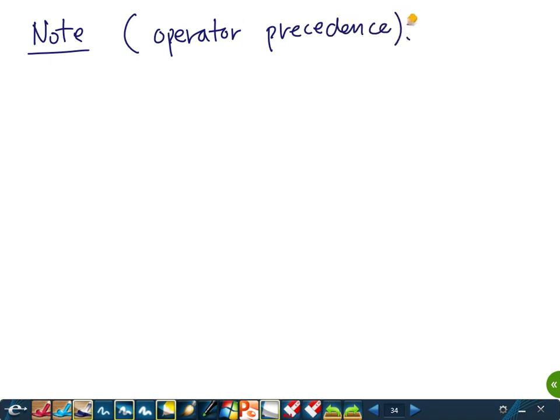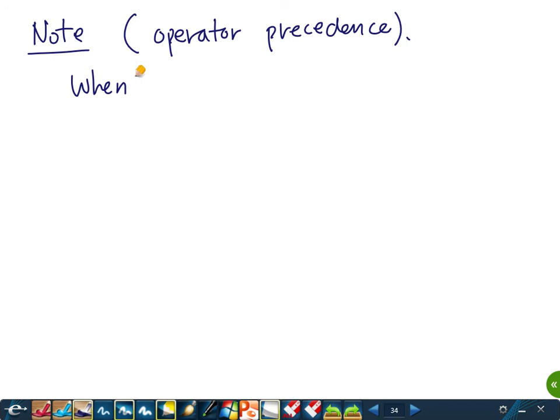Yeah, and here's another additional note: operator precedence. This means there is some kind of order when you perform these operations. So we learned the 3 operations: negation, conjunction, disjunction. But we can combine them in one line.